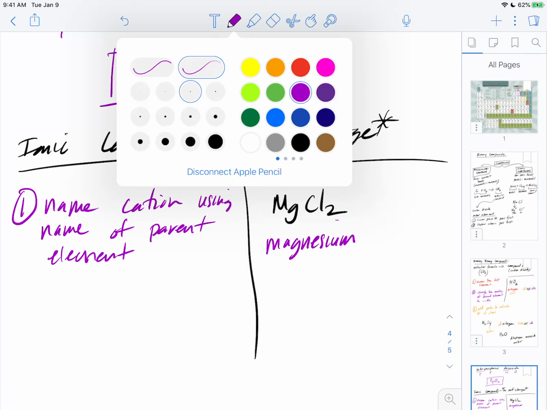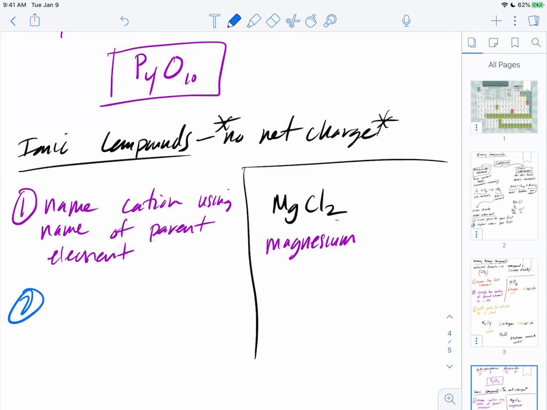And then the second rule is to name the anion, where we change the ending to "ide," similar to the molecular compounds.